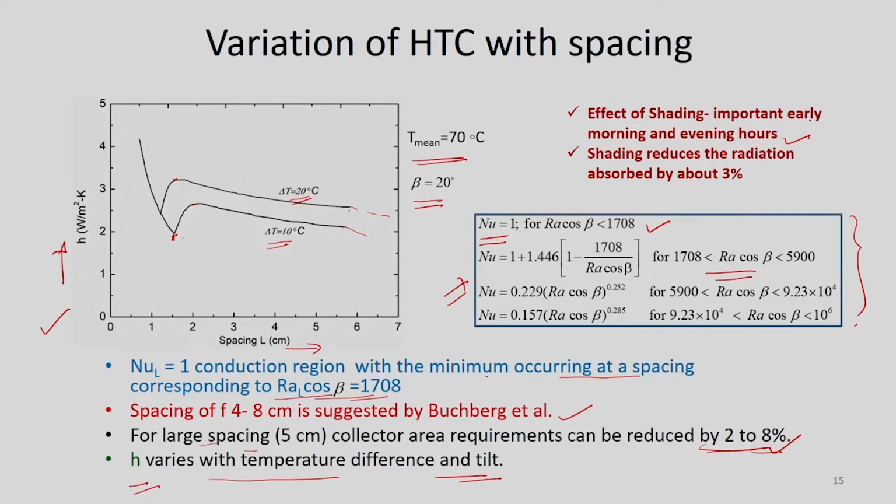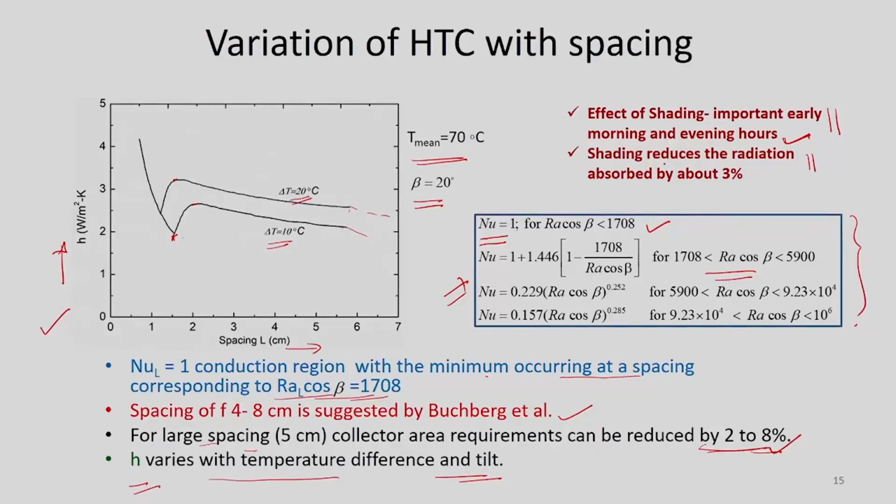Because sun will be oblique and then one of the tubes will shade the others, or some part of the absorber plate shades some portion of the absorber plate. So, that way shading is also important. Okay. So, investigation of shading is really important for precise calculation of heat transfer taking place in a collector. So, shading reduces the radiation absorption by about 3%, which is estimated by many of the researchers.